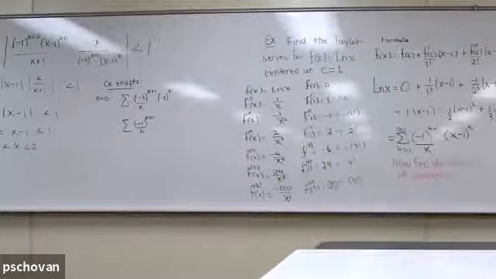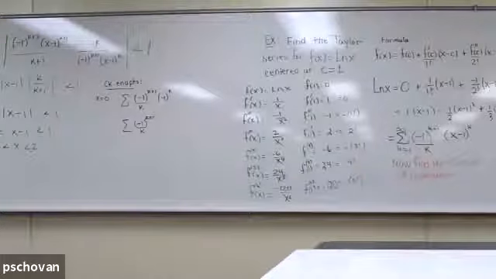It can't possibly converge at x equals 0, but this is telling me it does. What did I do wrong? I can't have it converge at x equals 0.